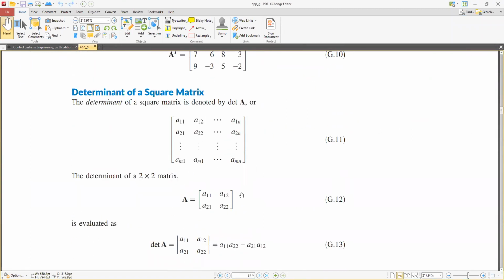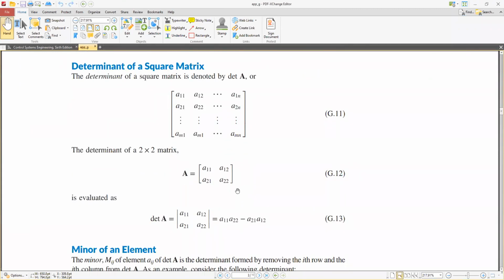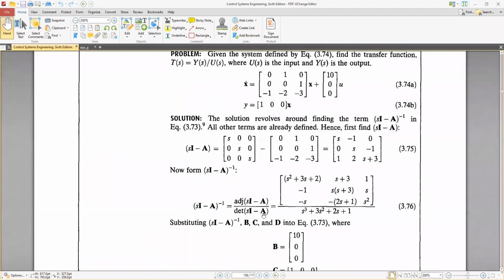Yes, sir. See, so here you check the determinant, how to find the determinant. If you want to find the determinant of this one, then apply the formula, then you will find this equation s cube plus 3s square plus 2s plus 1. Then do this one.